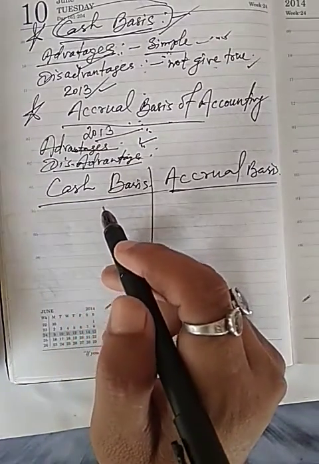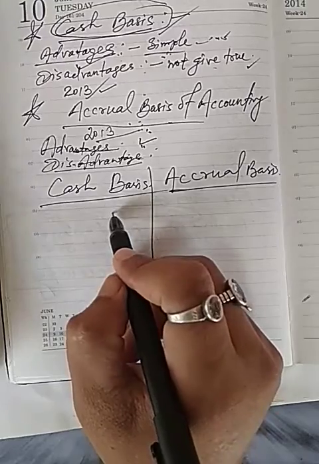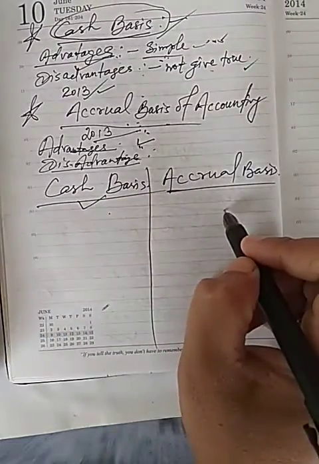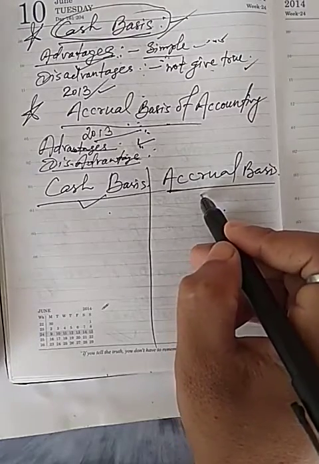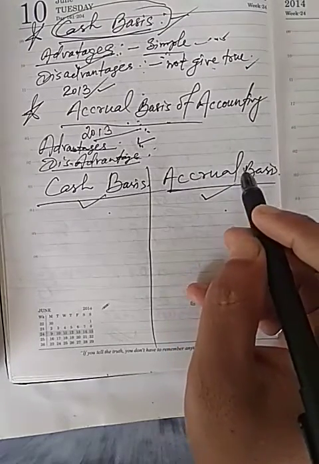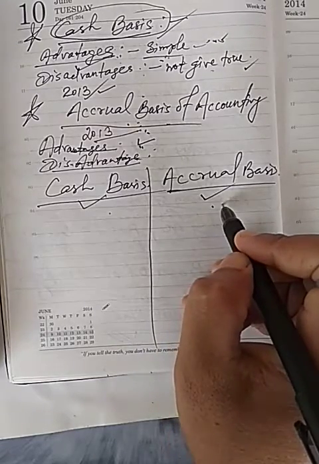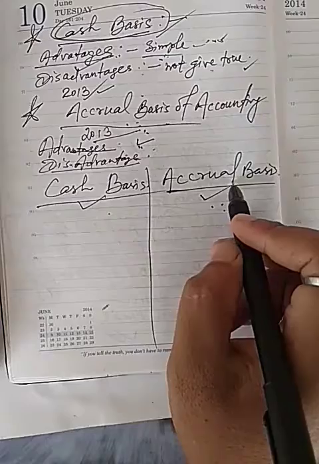Cash basis records only cash transactions. Accrual basis records all the complete transactions, whether cash or credit.